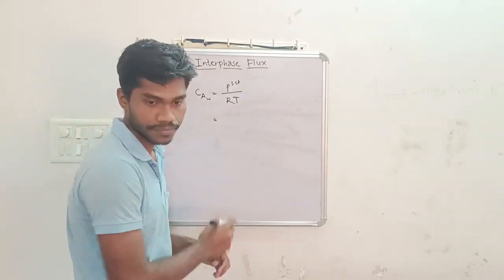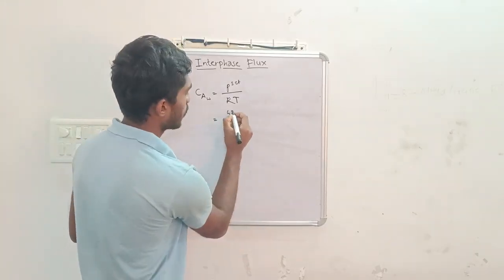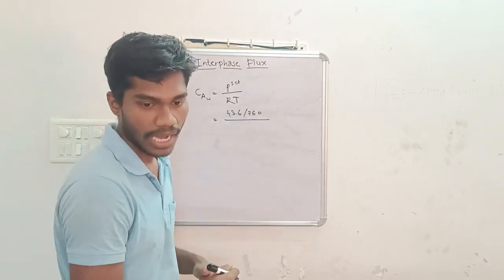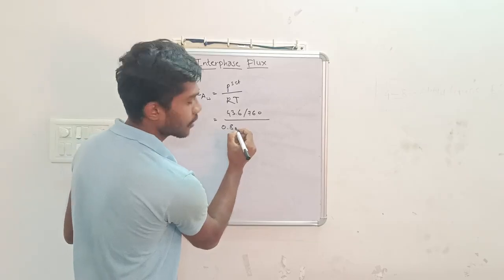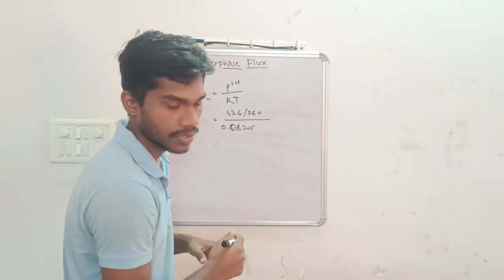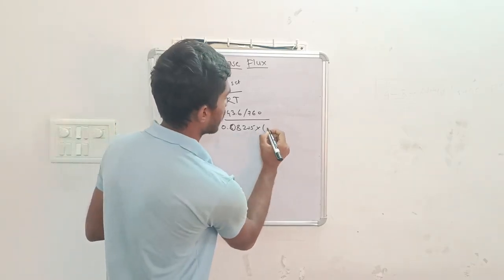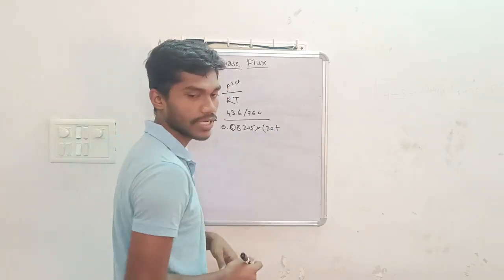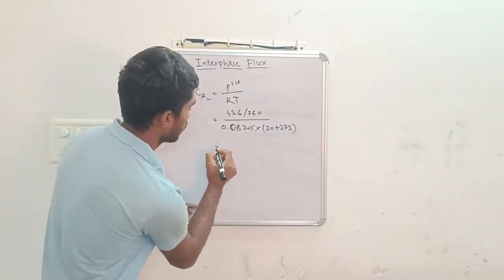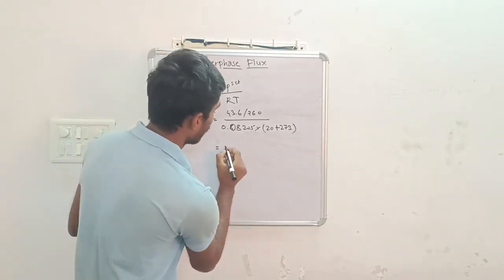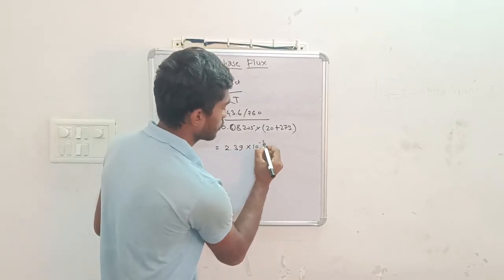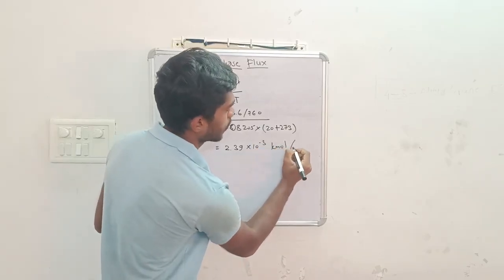So that is equal to 43.6 by 760 divided by R, which is 0.08205, into T, that is 20 degrees Celsius, but we have to convert it into Kelvin, so we add 273 here, and it will be equal to 2.39 into 10 power minus 3 kilomole per meter cube.